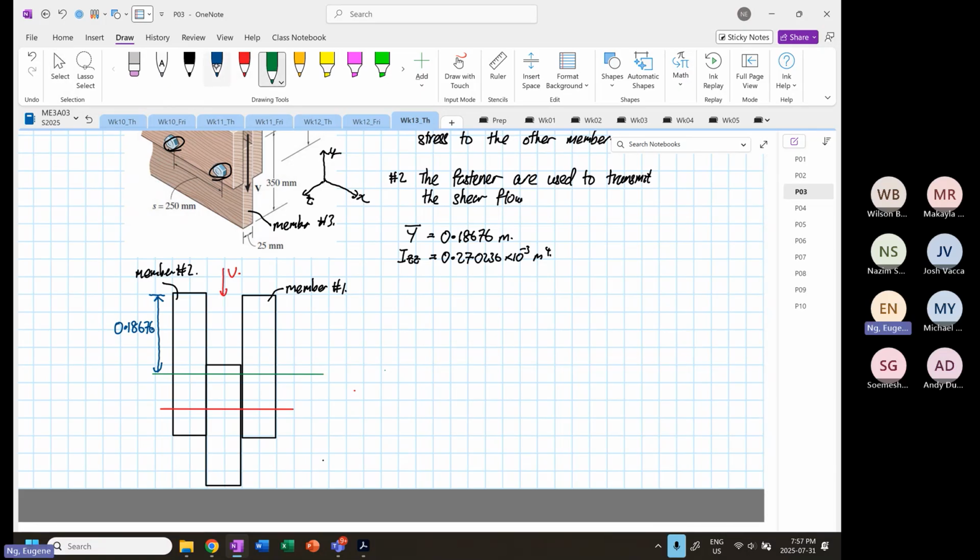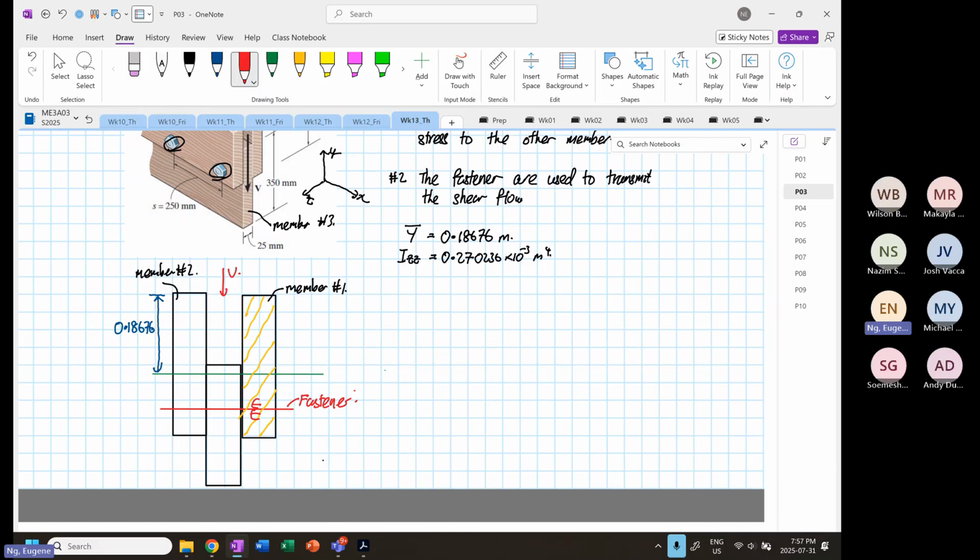So it has to what? The shear flow has to distribute in the entire member first. Okay. Then it will transmit the load to the fastener. That's the rule. Okay. So now by looking at this, I know how to find my first moment of area now.